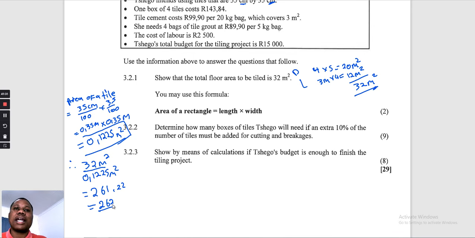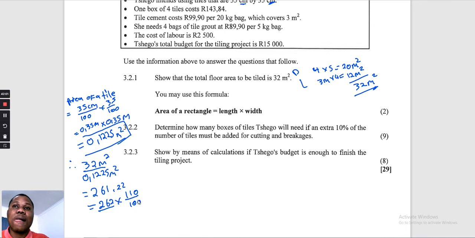But remember, we have to buy extra. We need to buy an extra 10%. So we're gonna multiply here by 110 over 100. We know that this 262 is the number of tiles before the increment, so it was 100%. Nothing was added, nothing was subtracted. Now on top of that 100%, we are going to add 10%.